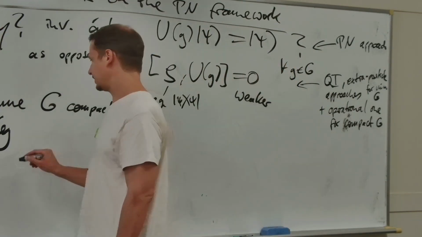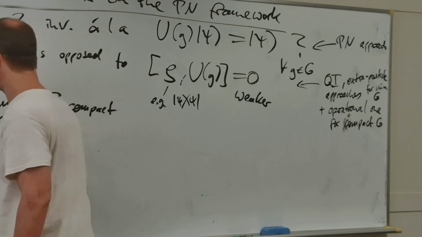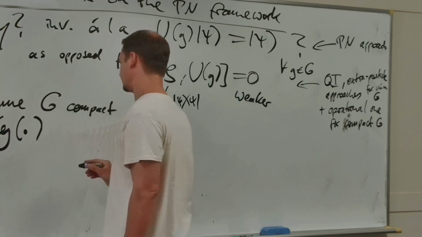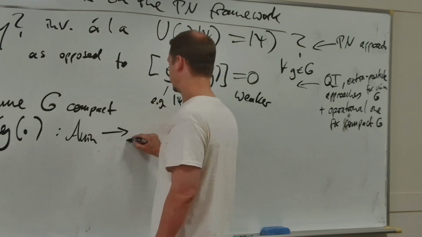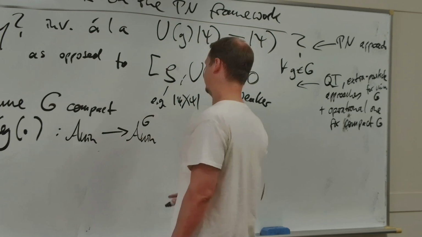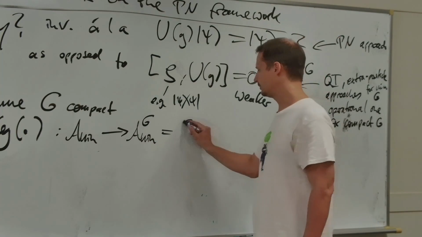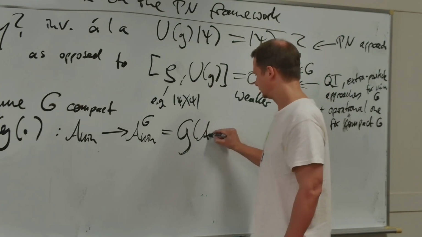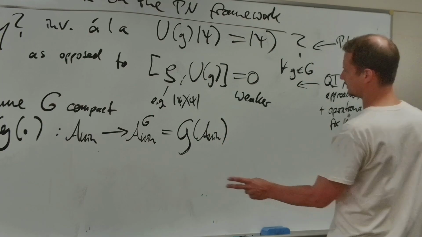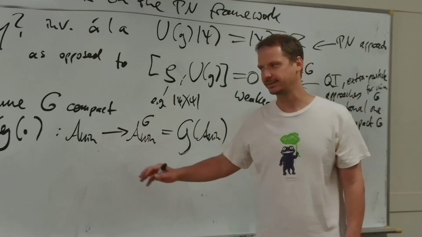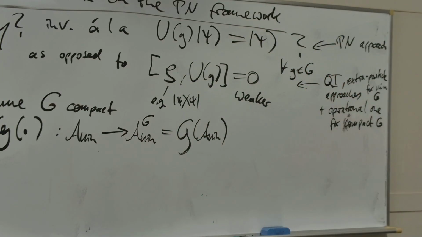The G twirl is the orthogonal projector from the algebra onto the G-invariant subalgebra, which is just the image of this G twirl. When G is not compact, it's not quite true, because of divergence issues and so on, at least this relation.